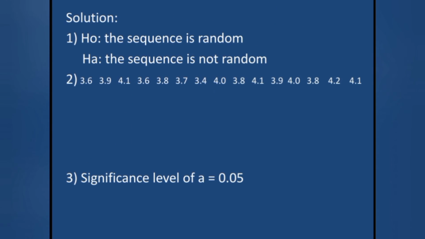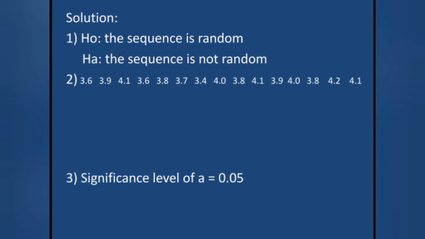For our solution, number 1 na step natin gagawin, state the hypothesis and identify the claim. So, our null hypothesis, the sequence is random. Our alternative hypothesis, the sequence is not random.